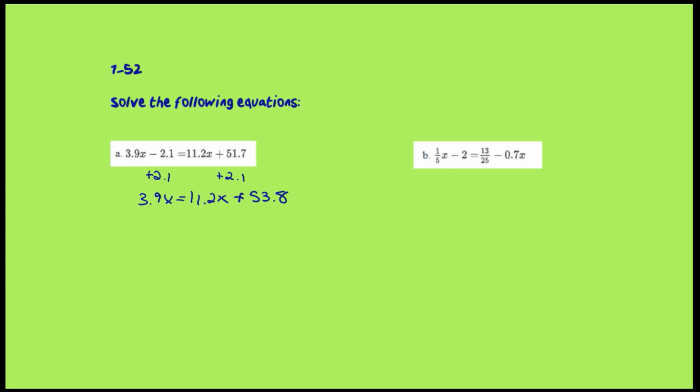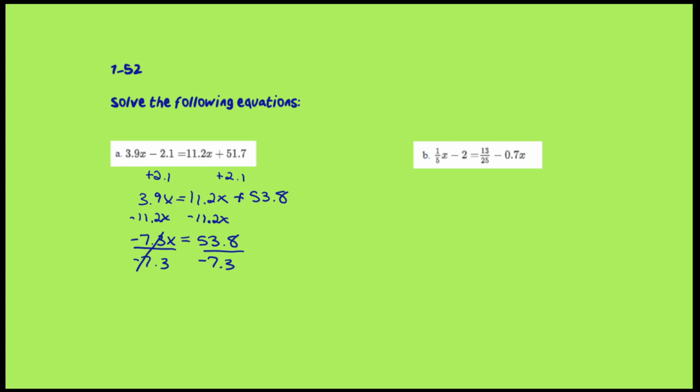Okay, then I'm going to subtract, because I'm trying to get all the x's on one side, 11.2 from both sides. So when I do that, if you did this correctly, you should end up with a negative 7.3 on the left, and then 53.8. And then, of course, you're going to divide by negative 7.3.